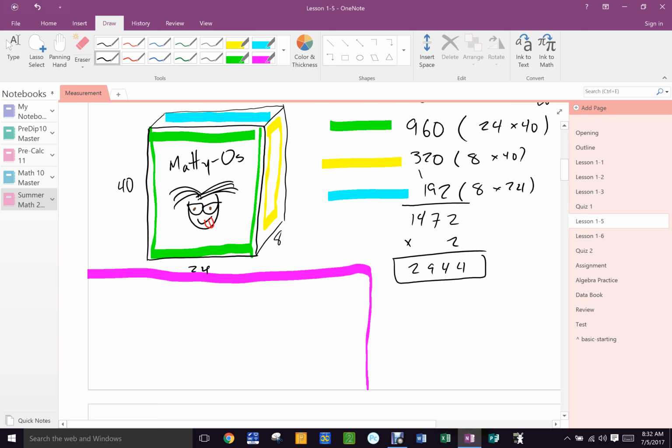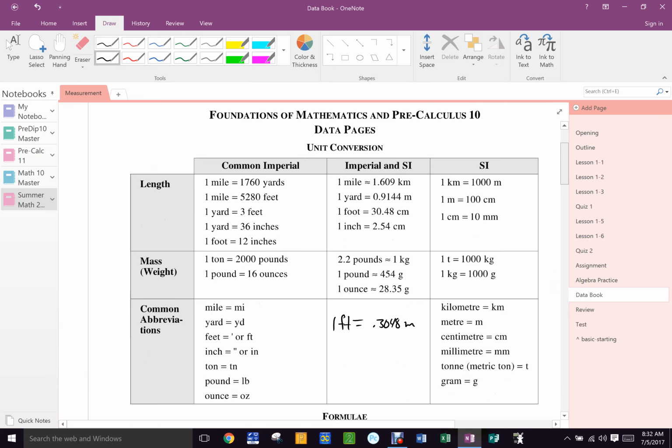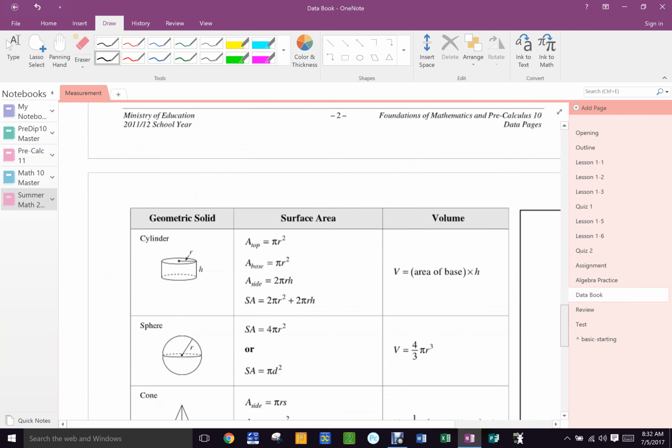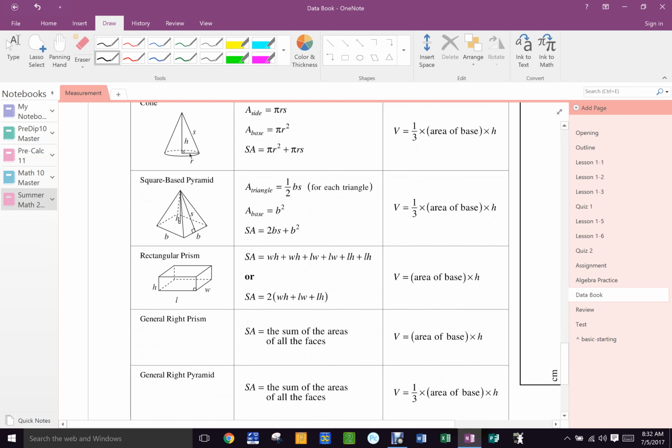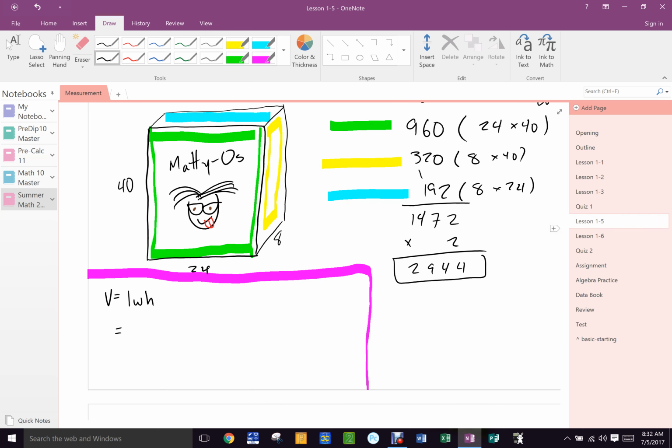So the volume of a rectangular prism is usually written as LWH, length times width times height. And if you look on your sheet, indeed, they give you just that. Doesn't matter how you draw it. So go ahead and punch that into your calculator.